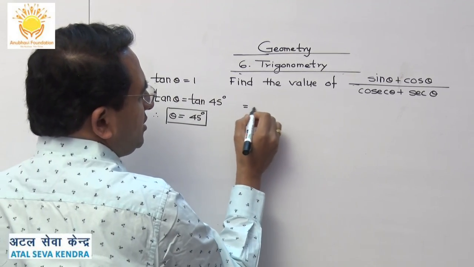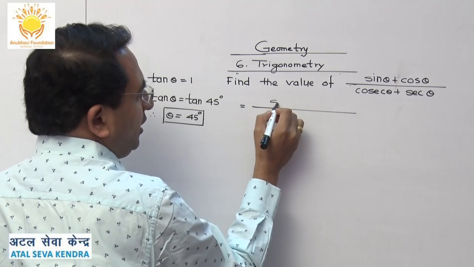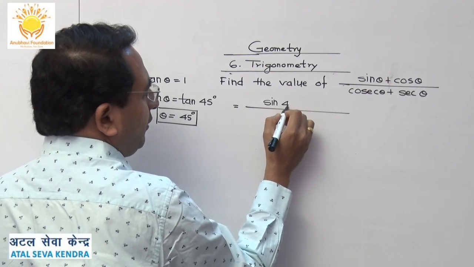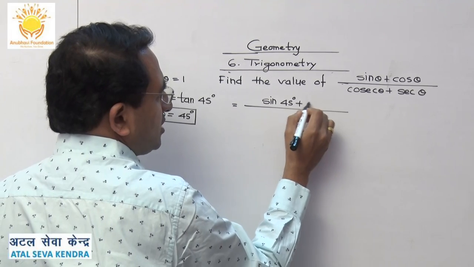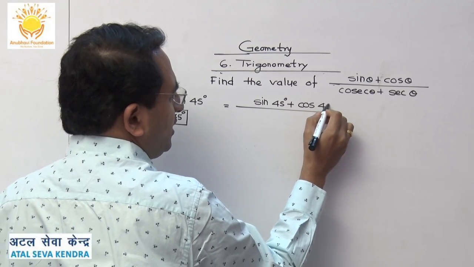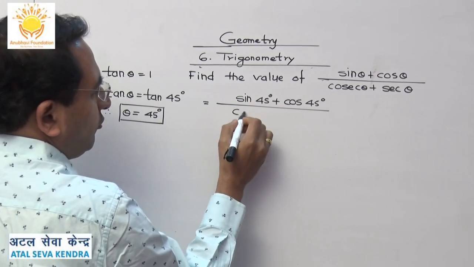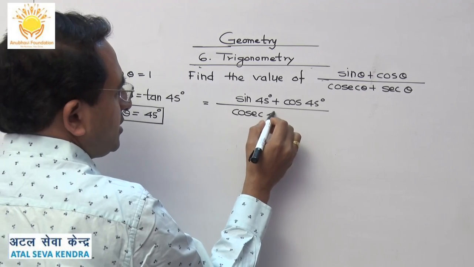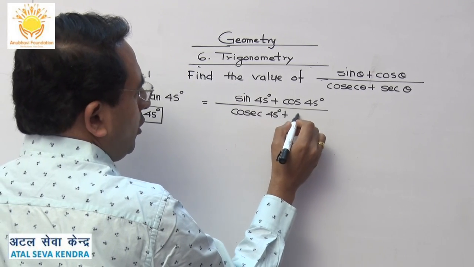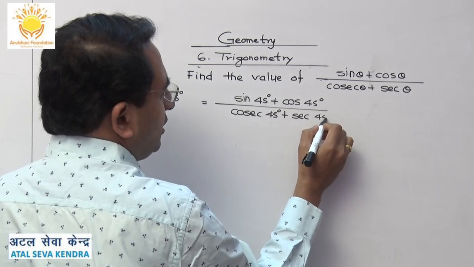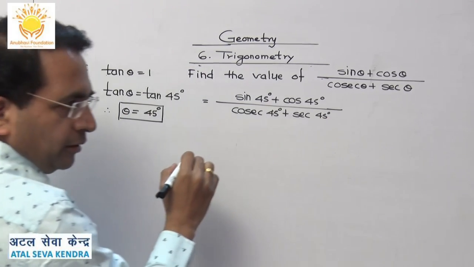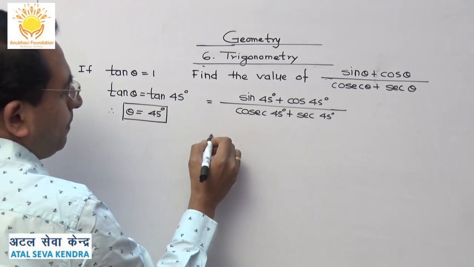So it is going to be sine of 45 degrees plus cos of 45 degrees upon cosec of 45 degrees and sec of 45 degrees. These values you know. So what you have to write?